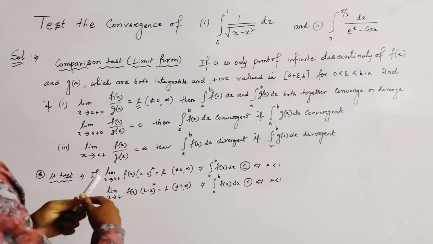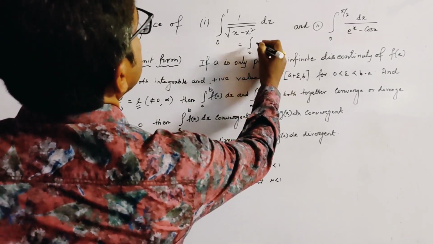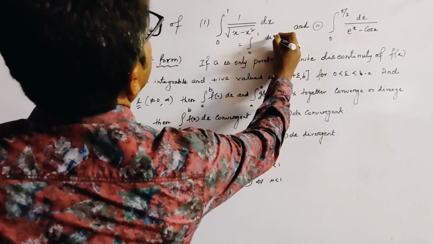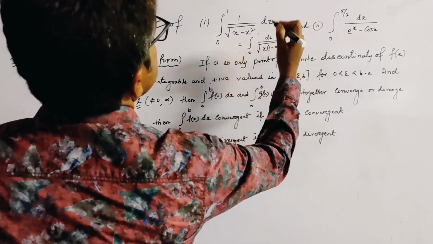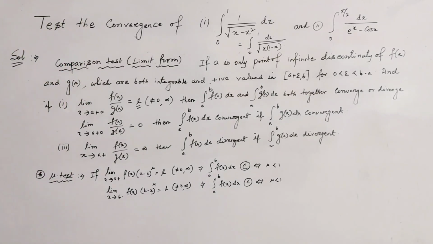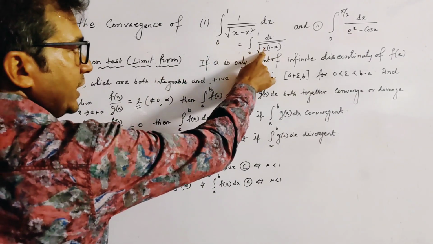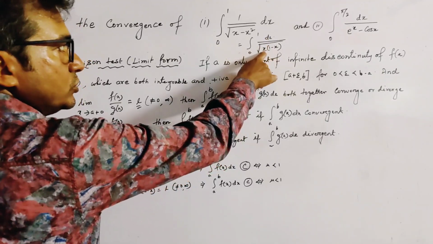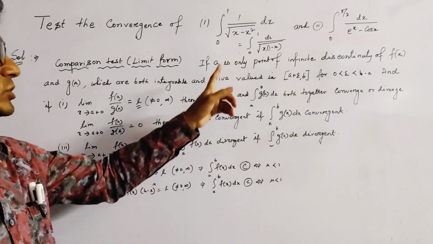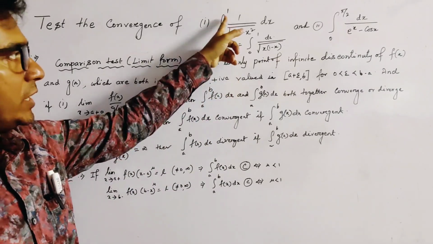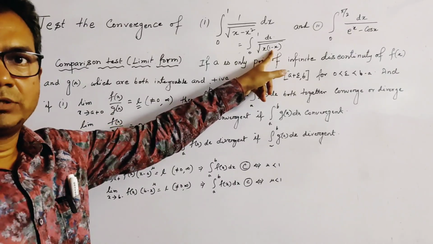Here it is clear that this integral can be written as the integral from 0 to 1 of dx by root x into 1 minus x. Now if we put x equal to 0, the lower portion is 0, so there is an infinite discontinuity at x equal to 0, and if we put 1, then the lower portion is also 0.